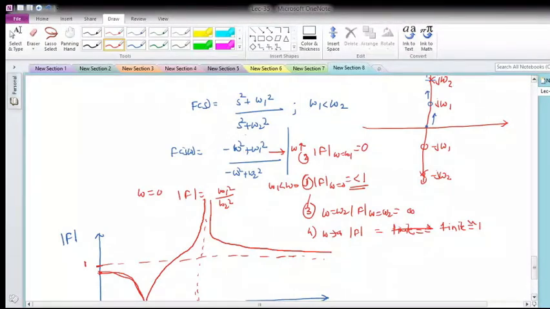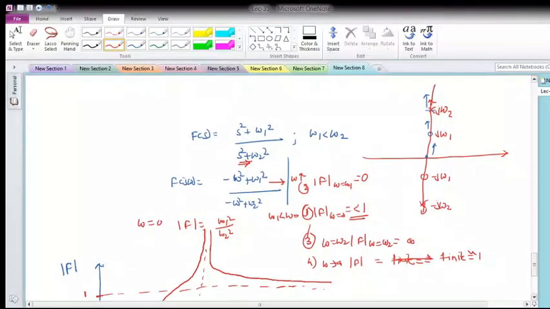It remains the same until I introduce the poles on the imaginary axis at omega 2. If there are poles on the j omega axis, what is the effect? There will be a sudden jump of minus 180 degrees. When omega increases beyond omega 2, the angle contribution is obviously 0.